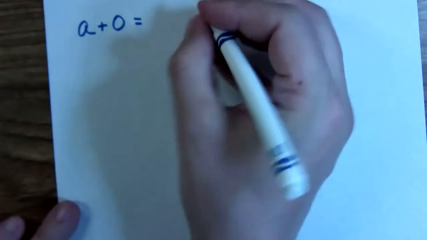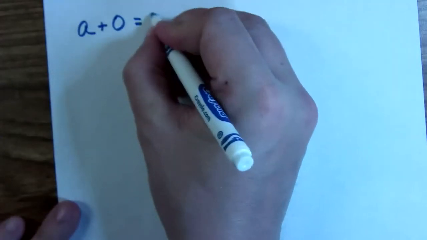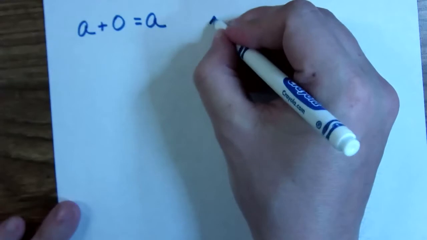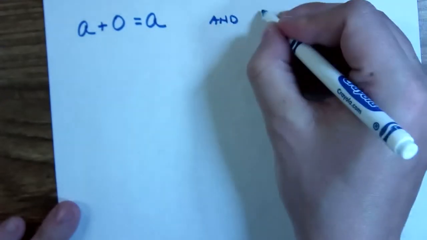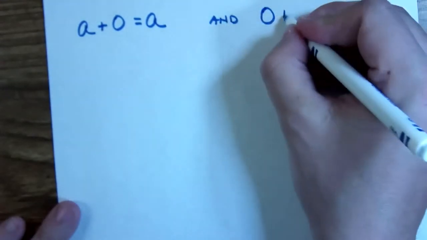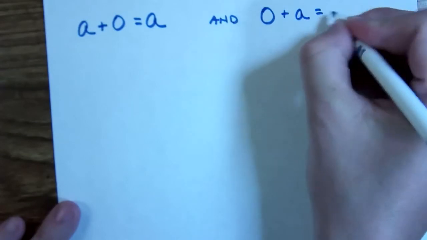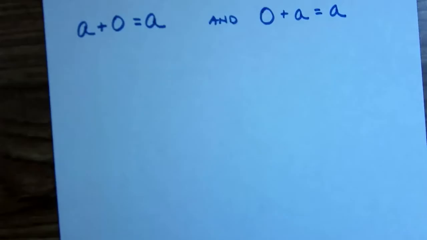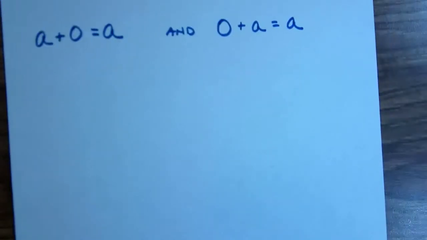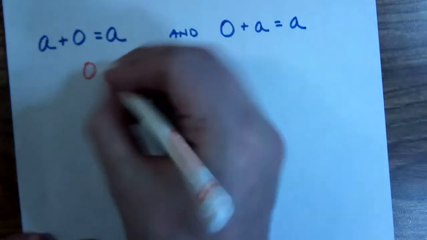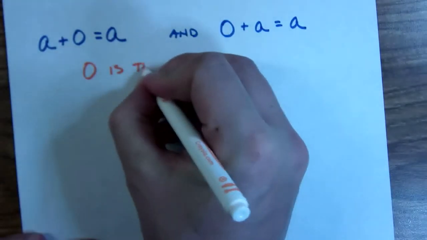Did you know that a plus 0 is equal to a? Yes. And, hold on, I'm fixing to really get crazy. 0 plus a is also equal to a. 0 is what we call an identity element.